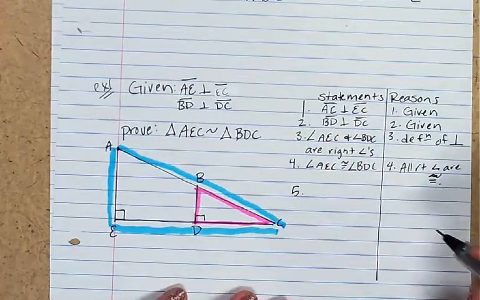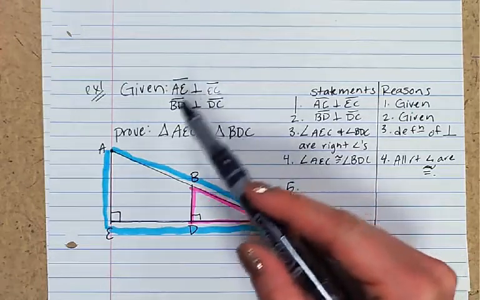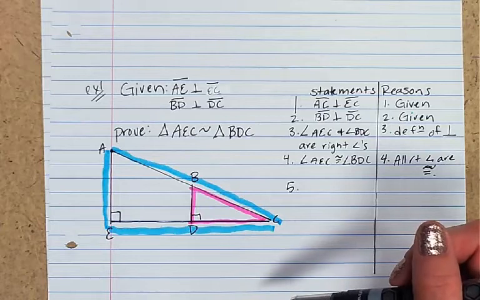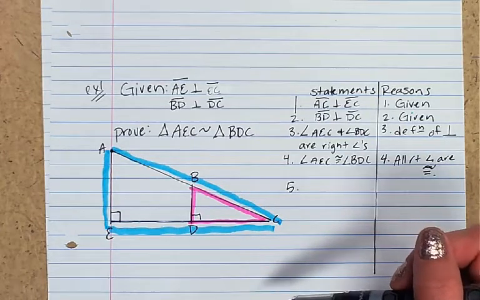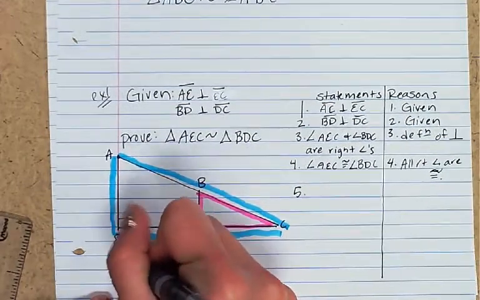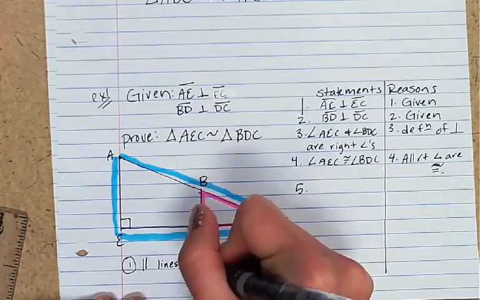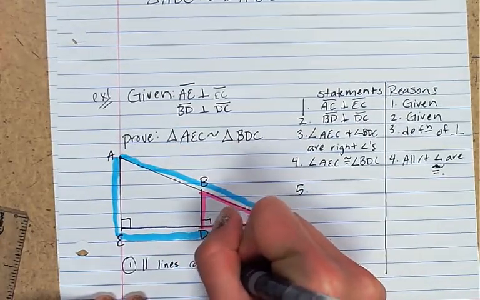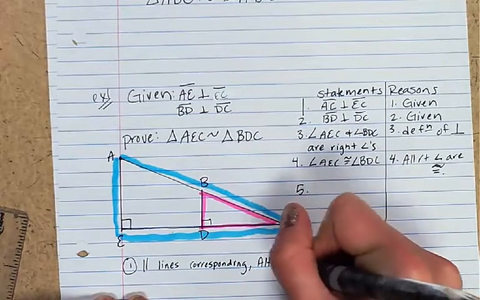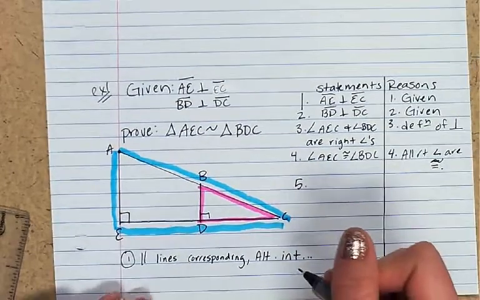Remember what I said back when we were proving that triangles were congruent and not similar. Once you've used your givens, you need to look at the way the triangles are drawn. When you're looking for an angle, there are probably three things you're going to look for. If you have parallel lines, you're going to look for things like corresponding angles, alternate interior angles, those congruences that we know.